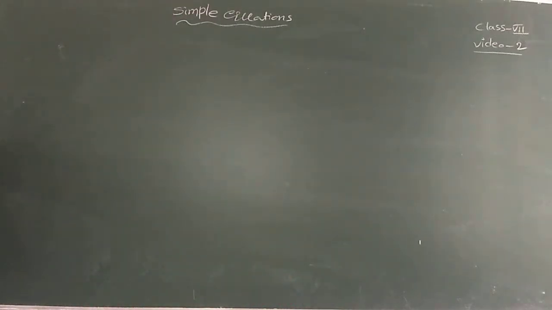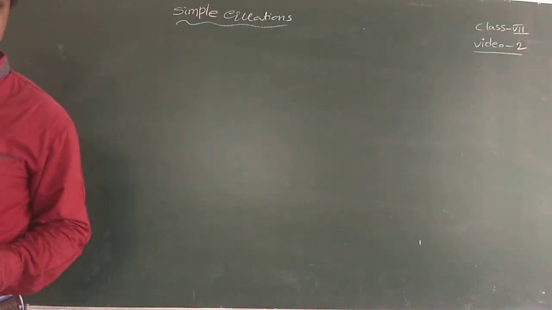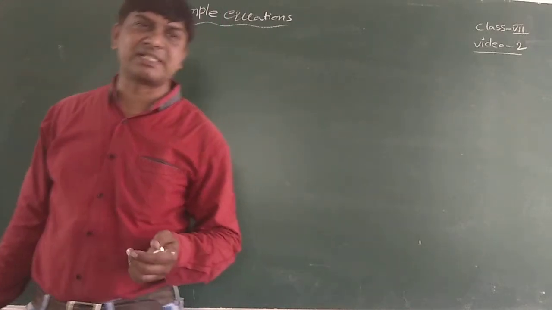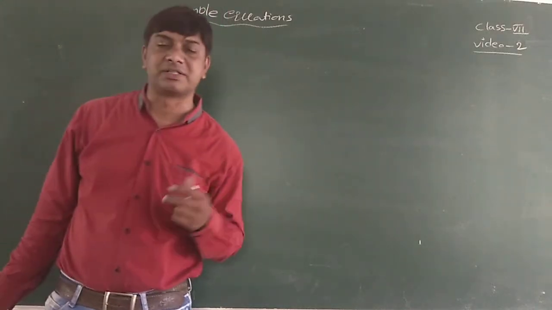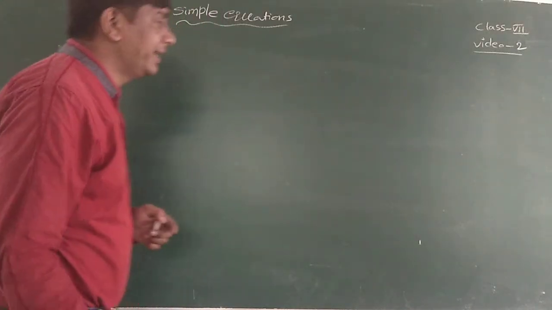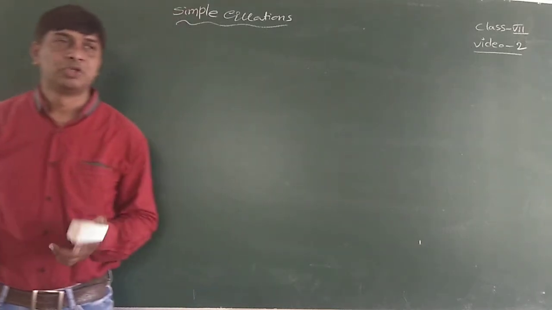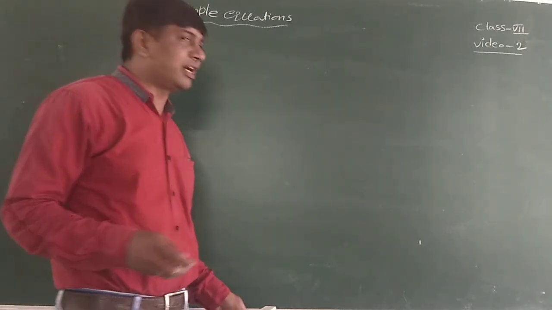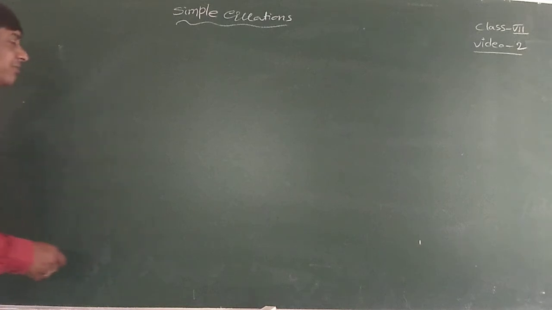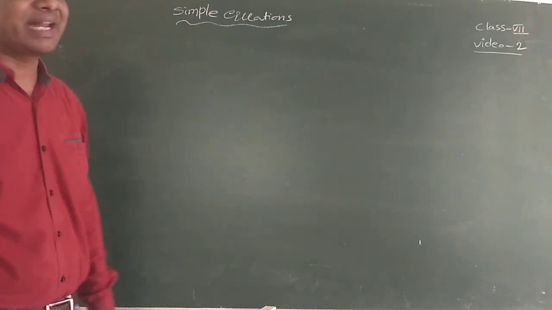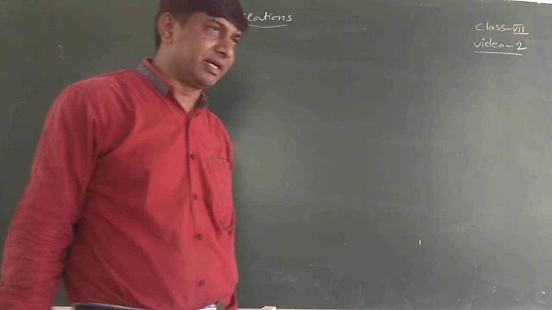By trial and error method and transposition method. Trial and error method I am not discussing here, because it is a lengthy process. We only learn about the transposition method to find the solution of a simple equation.